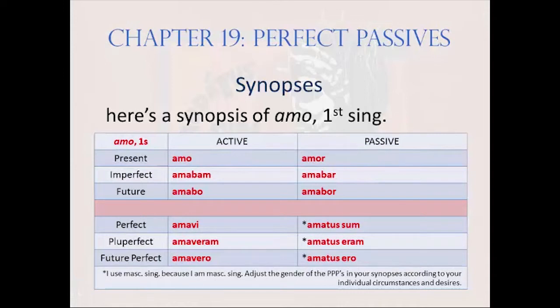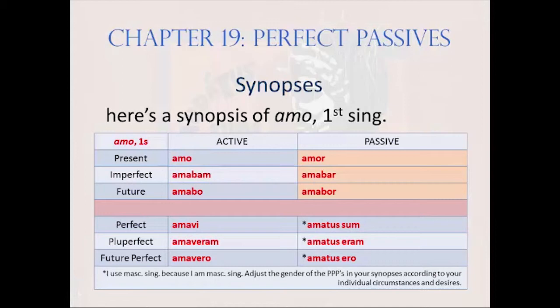The verb amo in the first person singular. Starting in the upper left-hand quadrant of the chart, the present active system, the present active first person singular is amo. The imperfect, amabam, the future, amabo. Notice that we're not using any of the other persons and numbers, only the first person singular.